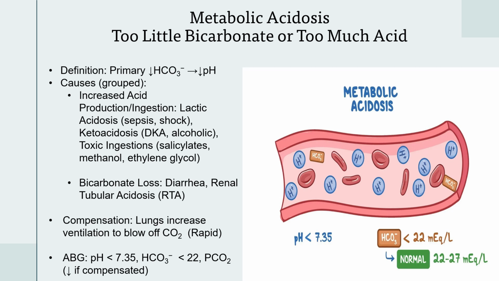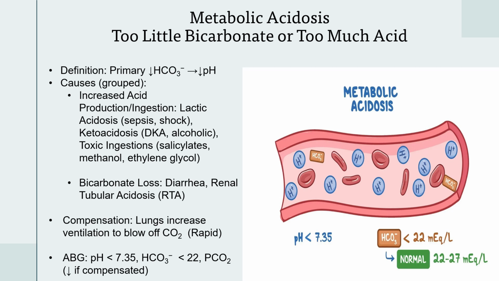You have the proximal convoluted tubule, which the glomerulus filters, but then it goes through the proximal convoluted tubule to reabsorb the bicarbonate, because you're losing a lot of it anyway in your stool. So the compensation again: the lungs increase ventilation to blow off, hyperventilation and rapid. That's metabolic acidosis.